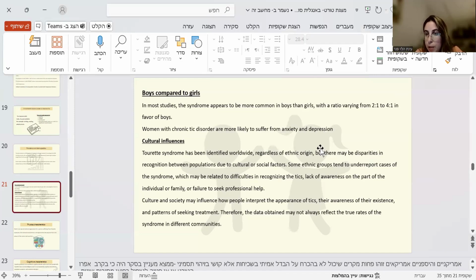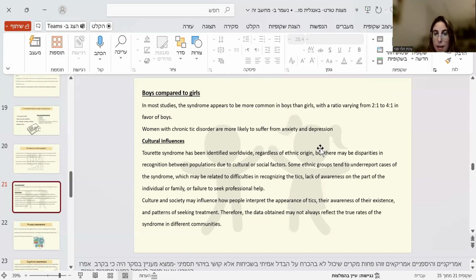Some ethnic groups tend to underreport cases of the syndrome, which may be related to difficulty in recognizing the disease, lack of awareness on the part of the individual or family, or failure to seek professional help.